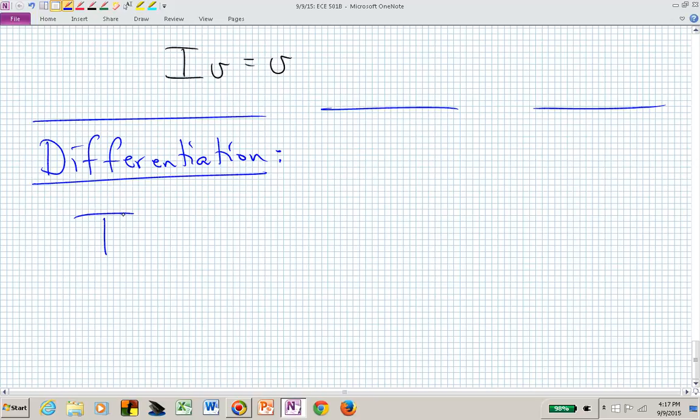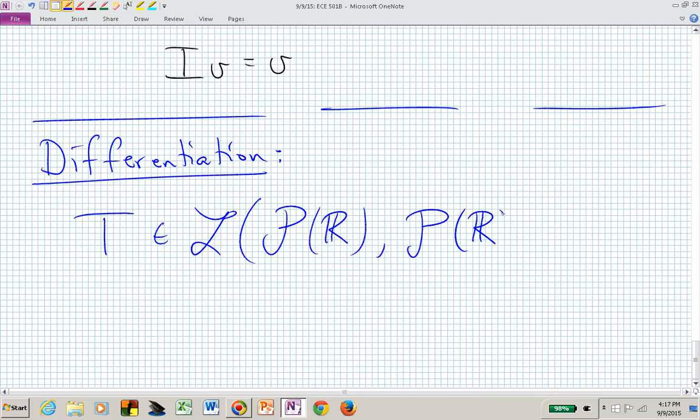We could also have a map T that's a linear map from the set of polynomials on the reals into the set of polynomials on the reals, which is the differentiation map.